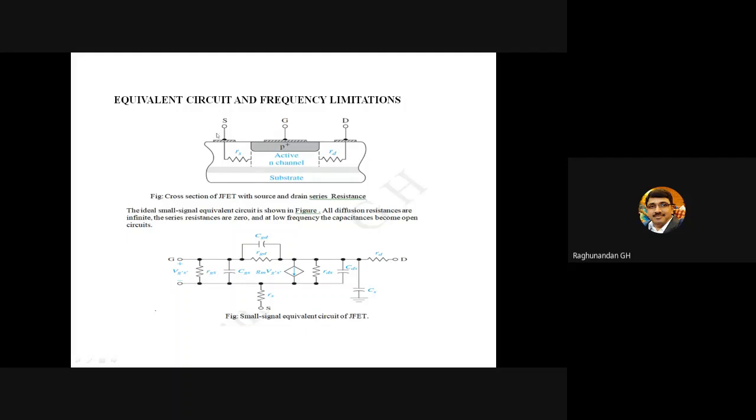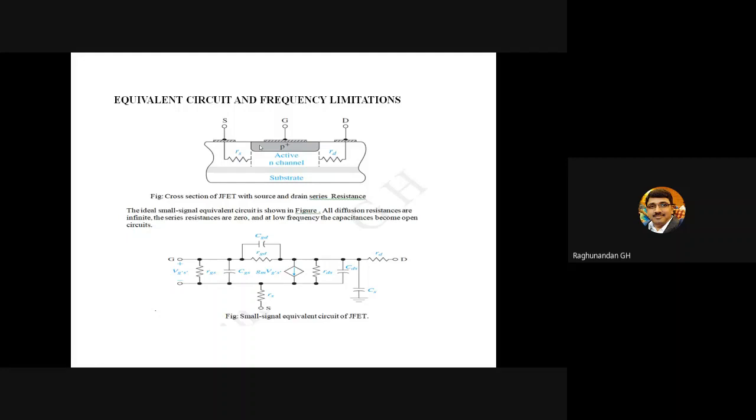And after that, between the source and the gate, we know that source is going to have a metallic contact, and even the gate is also having a metallic contact, and in between these two metallic contacts there is no connection. So there is a substrate, p substrate or n substrate or n layer which is existing.